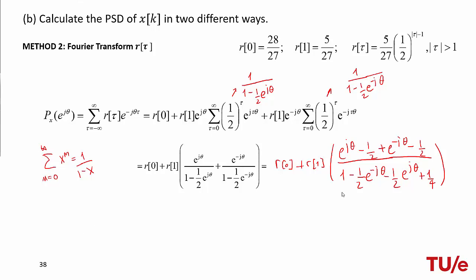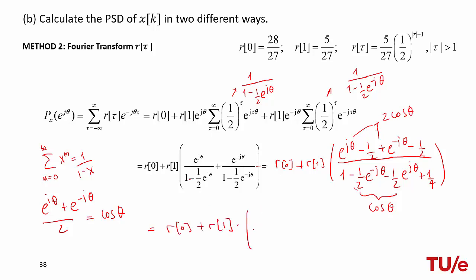And remembering Euler's formula that e to the power of j theta plus e to the power of minus j theta, over 2, is equal to cosine theta, I know that this gives me cosine theta, and here I get 2 cosine theta.